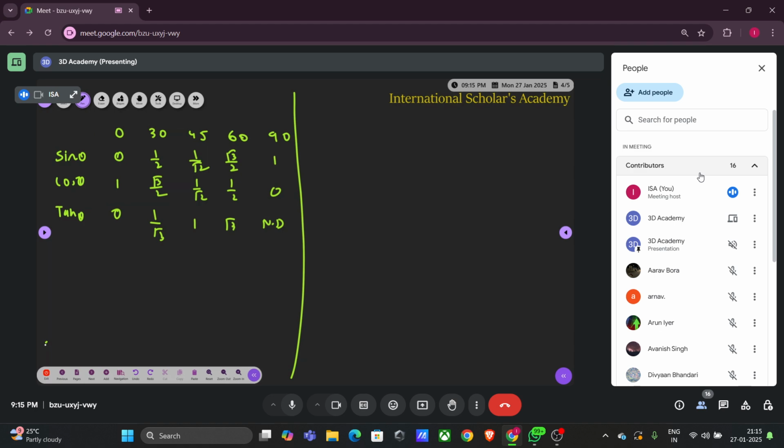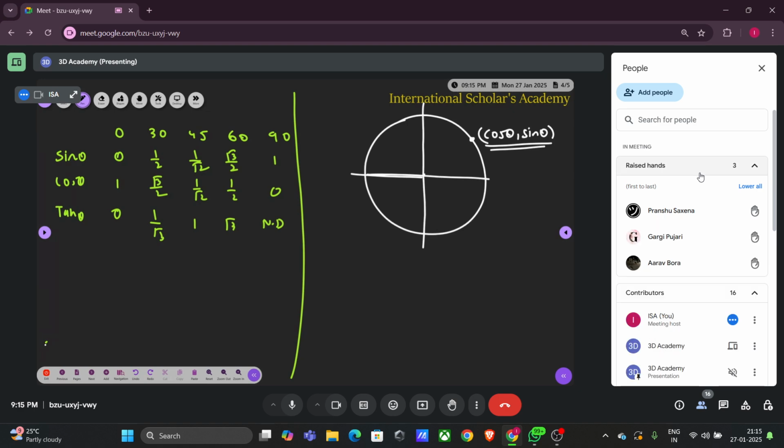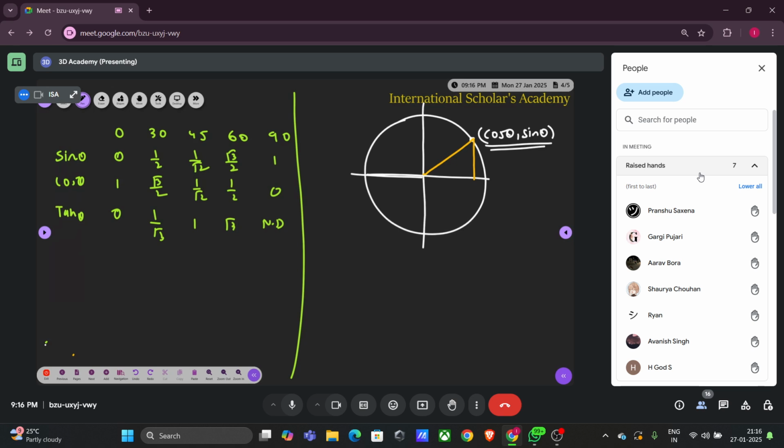Now see, we have already discussed in class that whenever we are discussing the unit circle, we know that whatever coordinate we have is in the form cos theta comma sin theta. How many of you know this? Please raise your hands. Very good. Those who don't know, I'll again quickly explain. See, this is the triangle I'm considering.